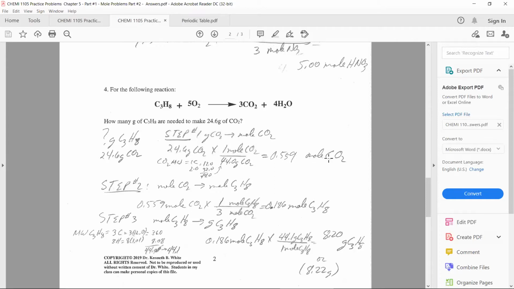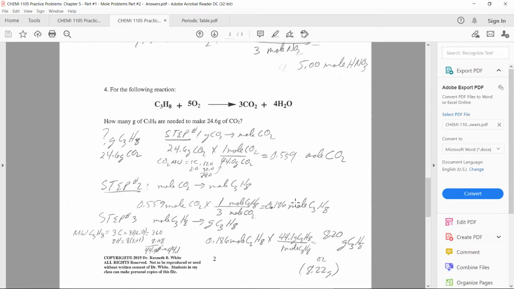Now, once you get moles of CO2, step 2 is moles of whatever you just figured to moles of the answer. In this case, that's C3H8. But we're going to do step 2, moles of CO2 to moles of propane. Here's the moles of CO2 we just calculated.